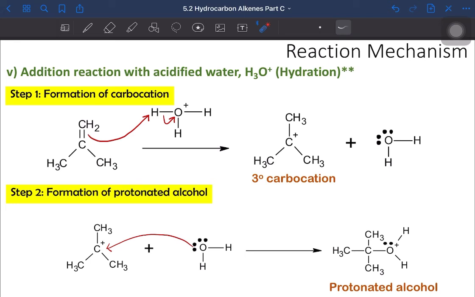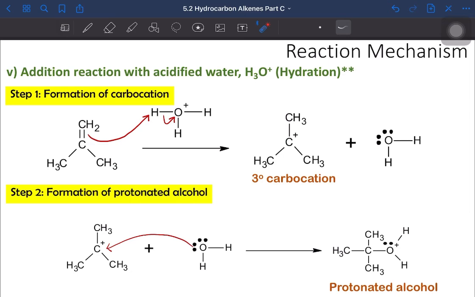The nucleophile will always be attacking the electrophile. So the oxygen here is the electron-rich part, the nucleophilic side. The nucleophilic side will be attacking the electrophilic side of the carbon. So now they will form the bond with the carbocation to form the protonated alcohol.